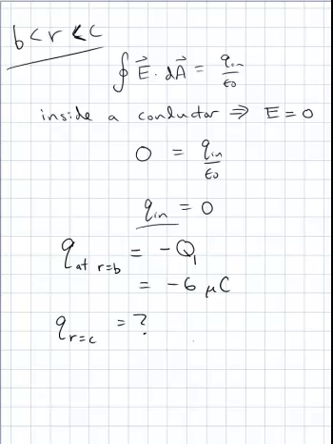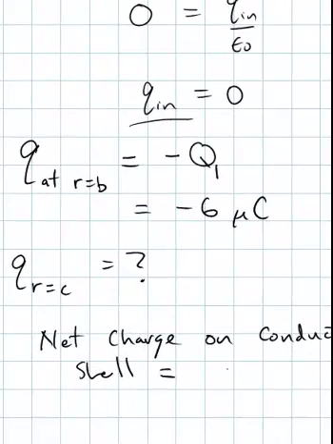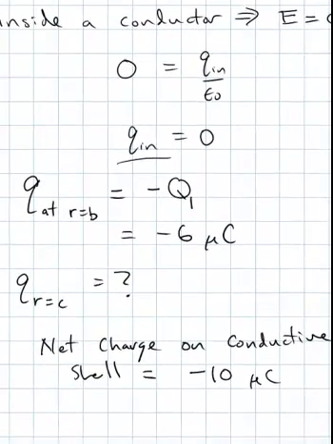Well, let's take a look. We know the net charge on the conductive shell, the innermost conductive shell, is equal to negative 10 microcoulombs. That was given in the problem. The net charge on this conductive shell is negative 10.